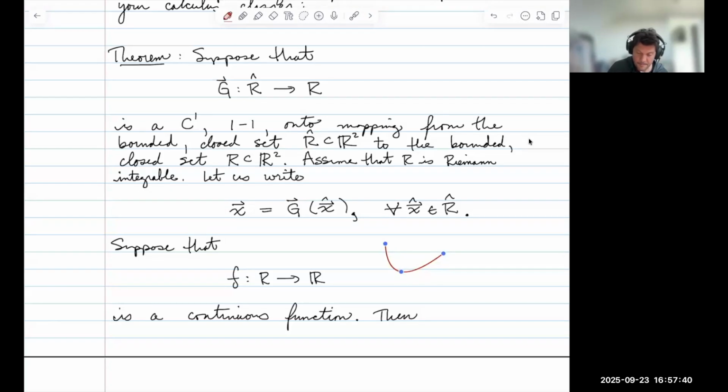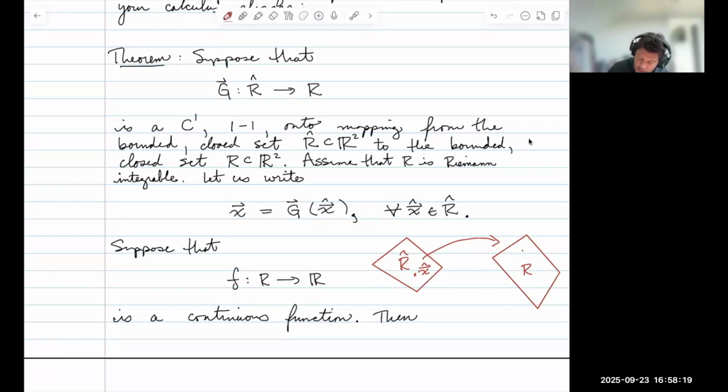Let's just do something simple. So we have one copy of space, and we're going to call this R hat. And this guy is R. So points x hat get mapped to points x under this G mapping.